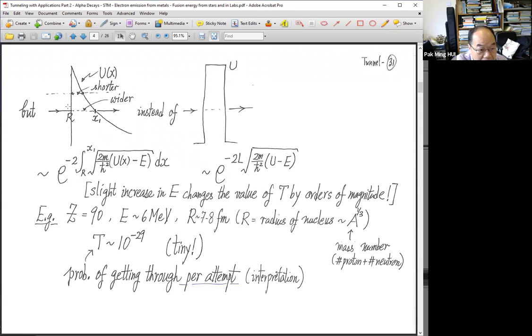The reason is that the energy deficiency is now changing with the distance inside the barrier, okay? So it makes sense to turn this into an integral.